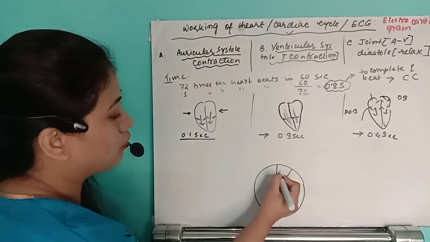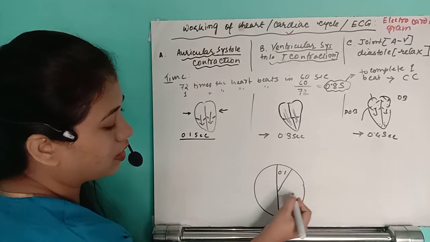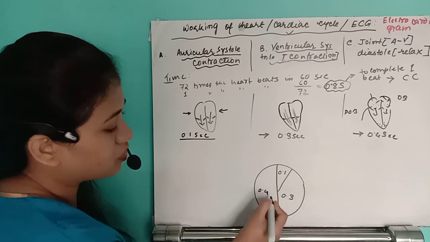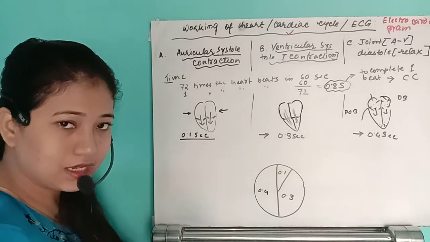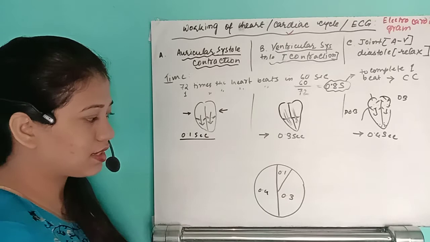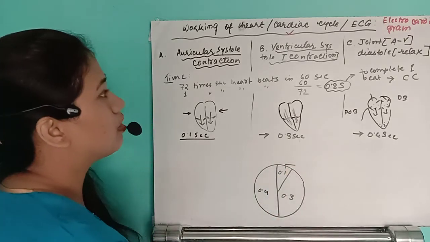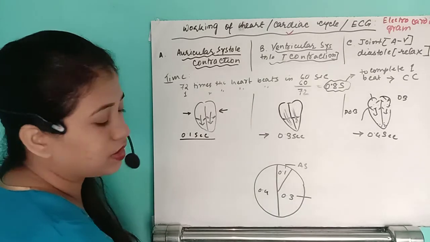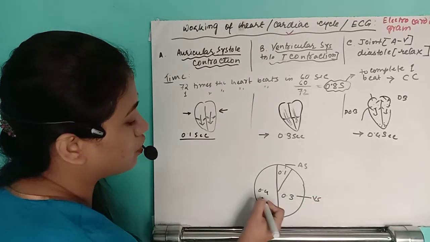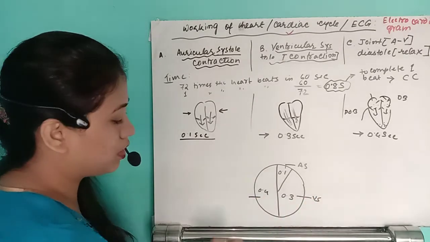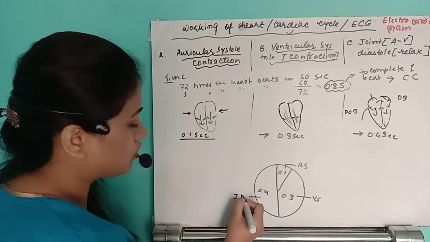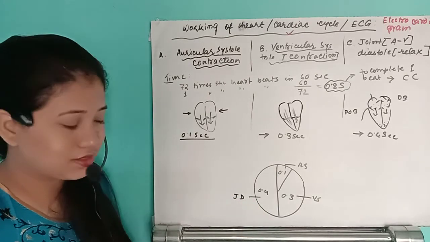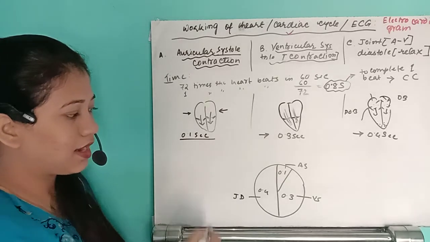So 0.1 second, this is 0.3 second, and this is 0.4 second. It's the cycle, so it will require 0.8 second. The 0.1 second will be required for the auricular systole, 0.3 second for the ventricular systole, and 0.4 second for the joint diastole. Okay, or auricular ventricular diastole or relaxation, same. So this is the cardiac cycle.